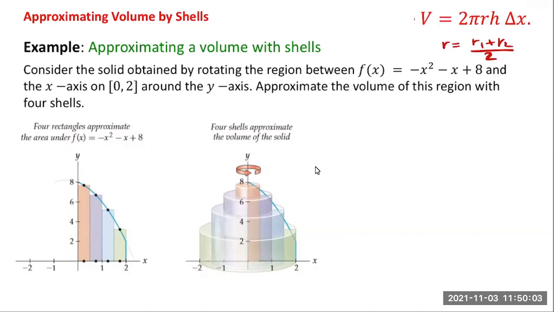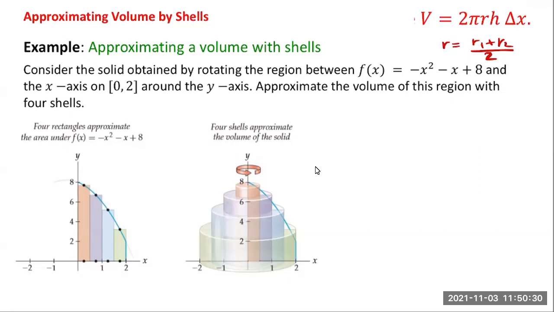Even though I'm saying 4 shells, this first one is not really a shell, because it has a 0 inner radius. It is a solid cylinder. The other 3 are shells. So all we need to do is find the sum of volumes of these 4 shells.